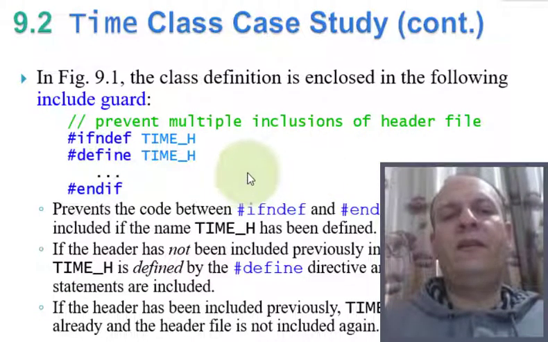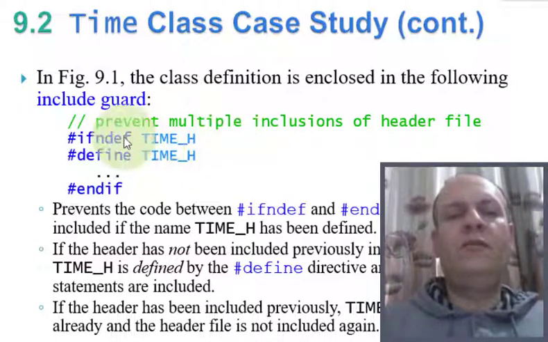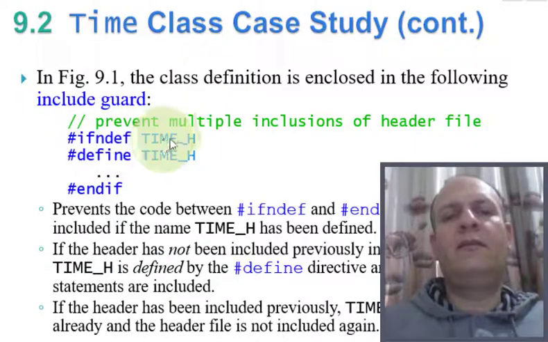Simply, to prevent multiple inclusion of the header file, we use this code. Hash if not defined, the header file name, hash define, again the header file name, and inside here we will add the content of this header file, terminated by hash endif.